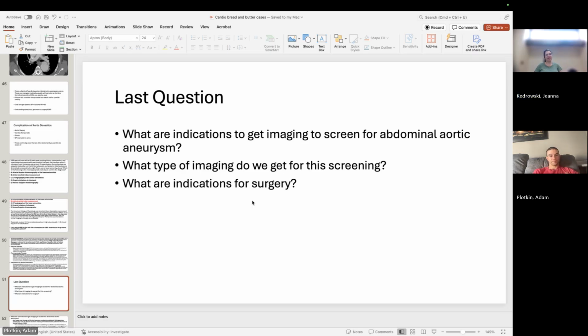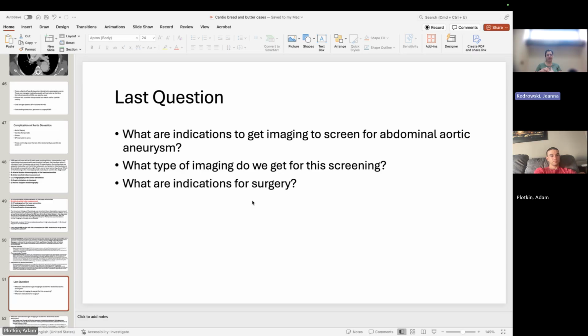Also, so there's not as strict of guidelines for women. The literature isn't there, but if they have a history of smoking, you should probably also image them for aortic aneurysm.